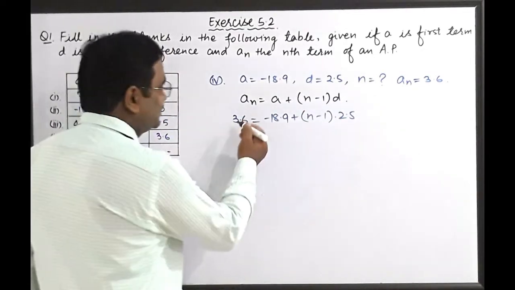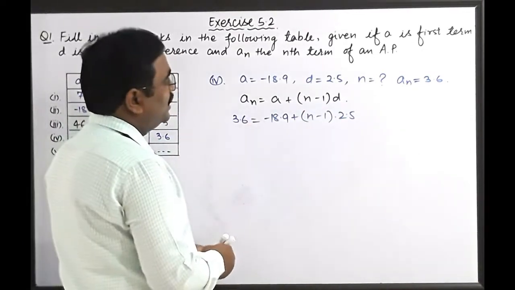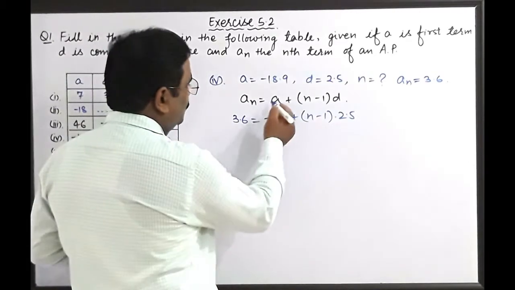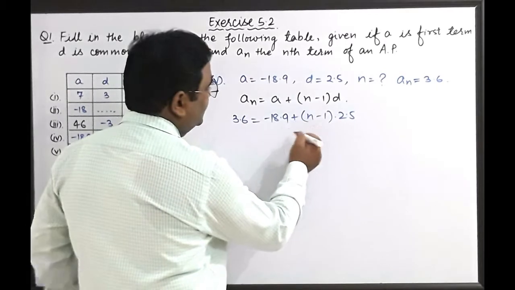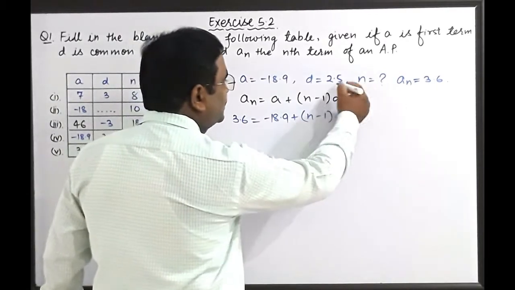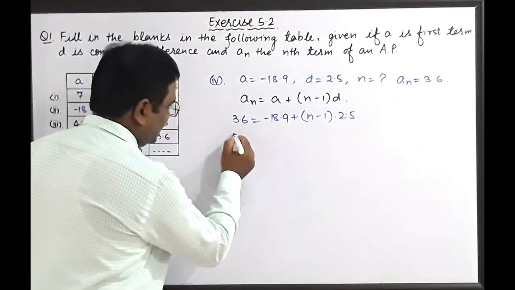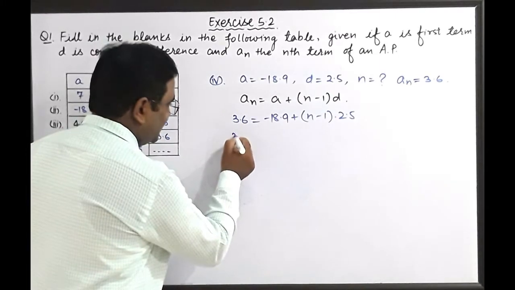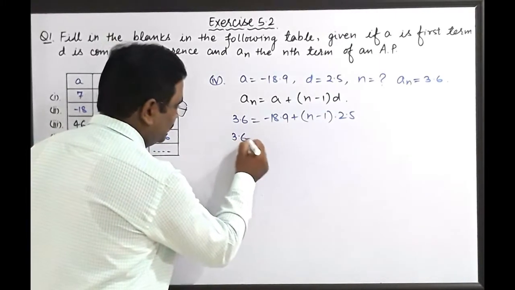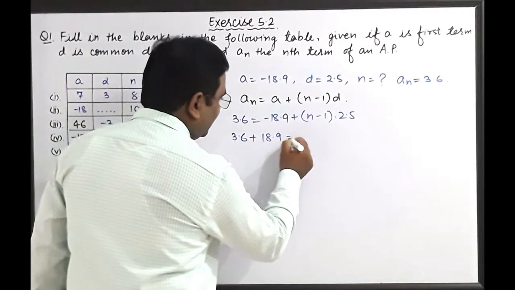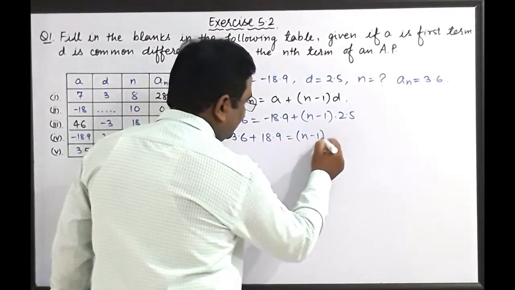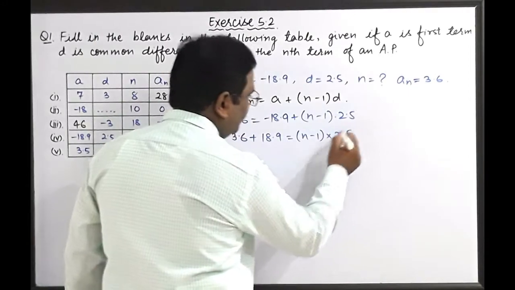Let us substitute all the values which are given. So an is 3.6 equals small a, which is minus 18.9, plus n minus 1 into d, d is 2.5. Let us simplify. When you bring this minus 18.9 to this side, it becomes plus 18.9 equals n minus 1 into 2.5. When you add it, 22.5 equals n minus 1 into 2.5.